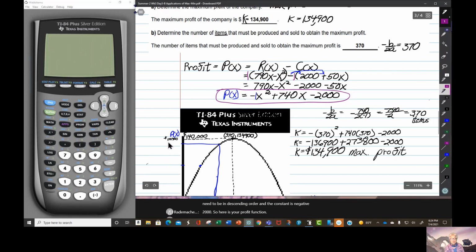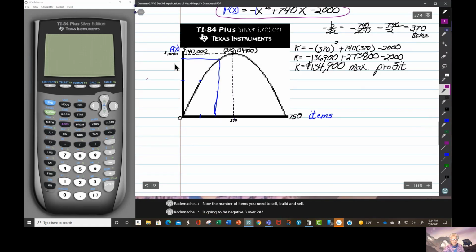Now, the number of items you need to build and sell is going to be negative B over 2A. Because the profit is dollars, that's going to be on the y-axis. That means items are going to be on the x-axis.